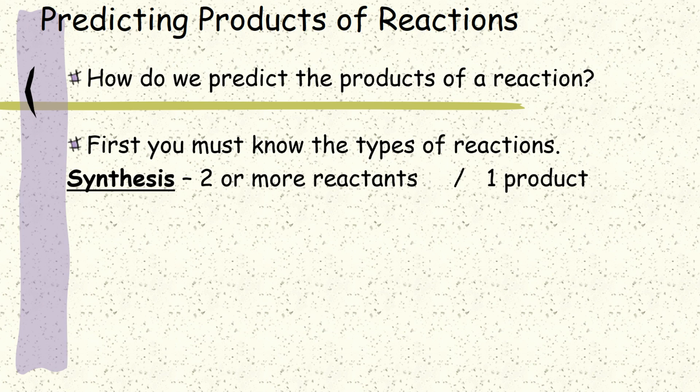A synthesis reaction looks something like A plus B reacts to form AB. So if I gave you a reaction, Na plus Cl, and asked you to predict the product, would you be able to recognize that as a synthesis reaction and know what to do?